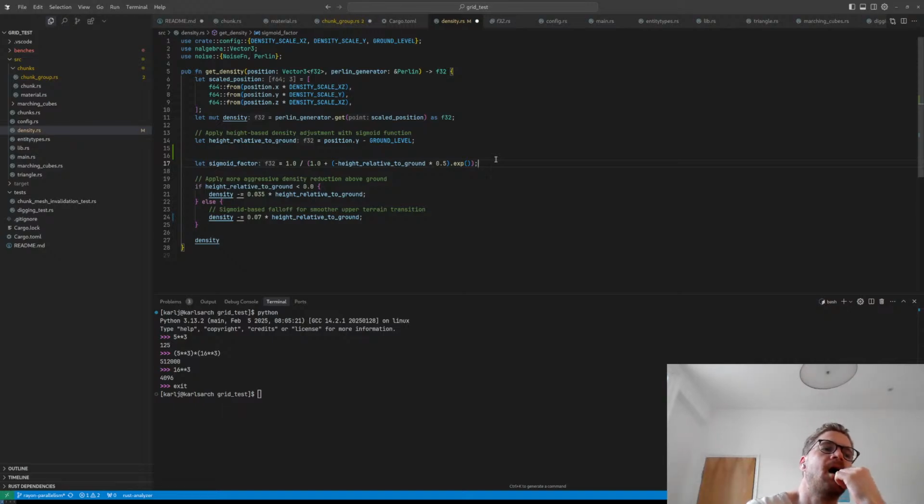Two. Okay. It's a non-deterministic function. Is that going to be a problem? Not sure.